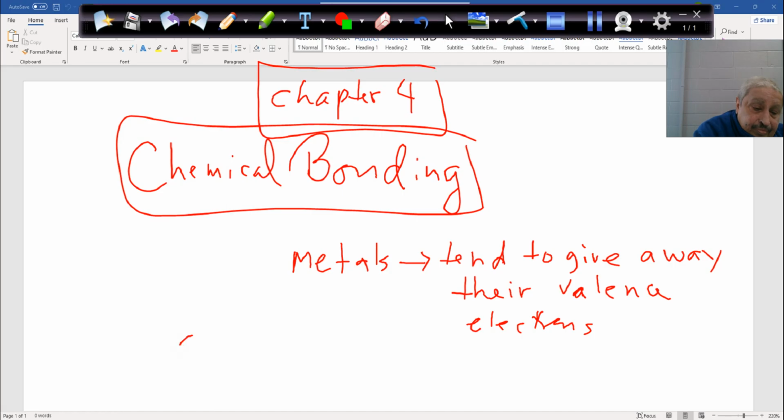For example, aluminum in group 13 minus 10 is 3. That's 3B in the periodic table.